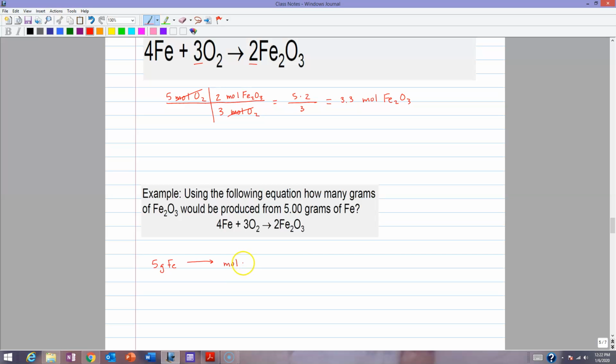So I'm going to convert the grams of iron to moles of iron. Iron is my known. My unknown is this iron 3 oxide. So I'm going to have to first convert to moles of iron 3 oxide. And then I can see that my problem is asking for mass or grams of iron 3 oxide. So I'm going to have to convert to grams of iron 3 oxide. I'm going to set this up, 5 grams of iron.